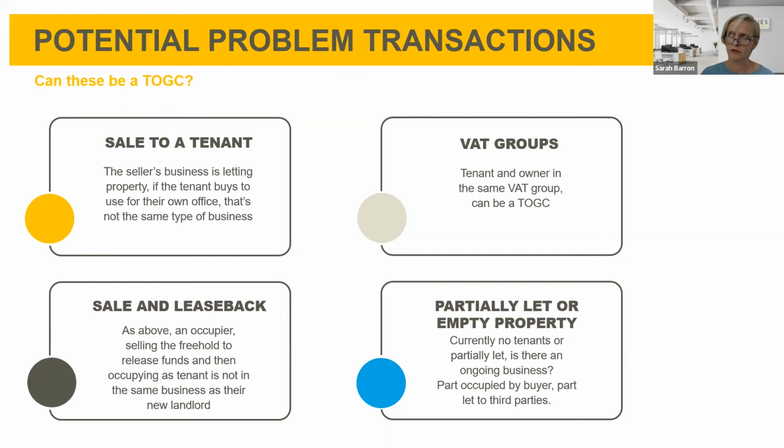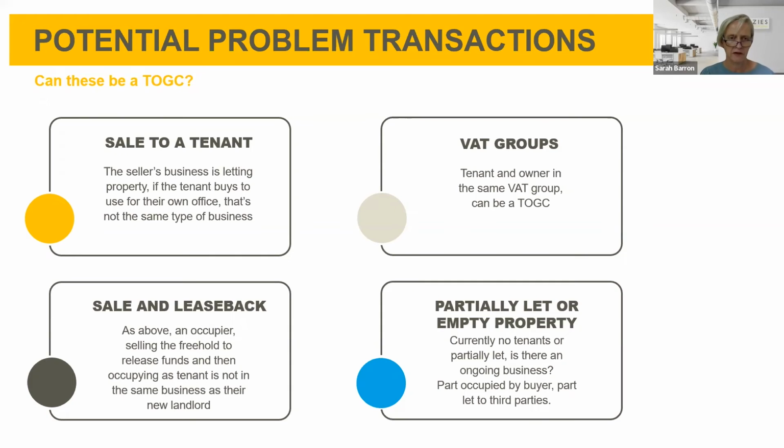So we've got Fred's property letting business. If we sell it to the tenant, that's not the same kind of activity. So we've got Fred, his business is property letting. If we sell it to Sid, who's the car repairman, he's not using it for property letting anymore. He's using it for car repairs.